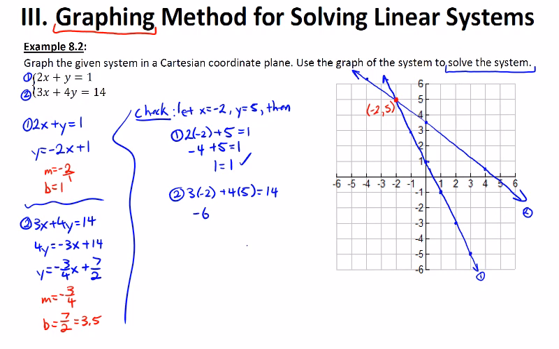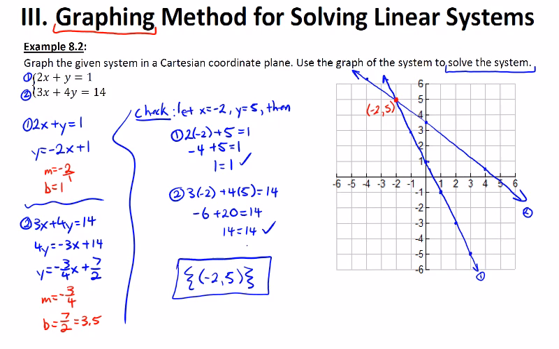So that's -6 plus 20 is supposed to equal 14, and it does. 14 does equal 14, true statement. So therefore, our solution set is the ordered pair -2, 5. It is the only solution that we have, and that's what we'll box in.